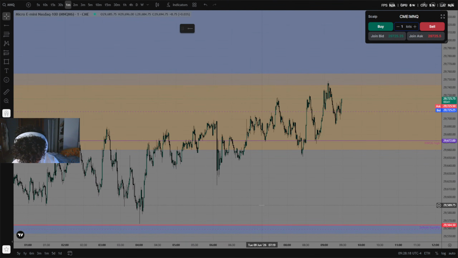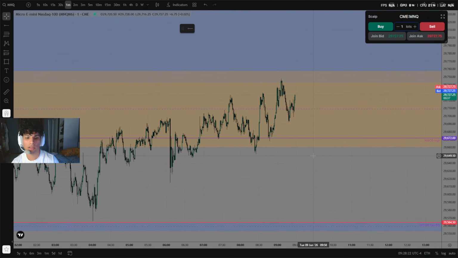In 2 minutes, markets open. By the times, we have 9:50 where the macro starts to 10:10, and from 10 a.m. we have the silver bullet if we can trade it.